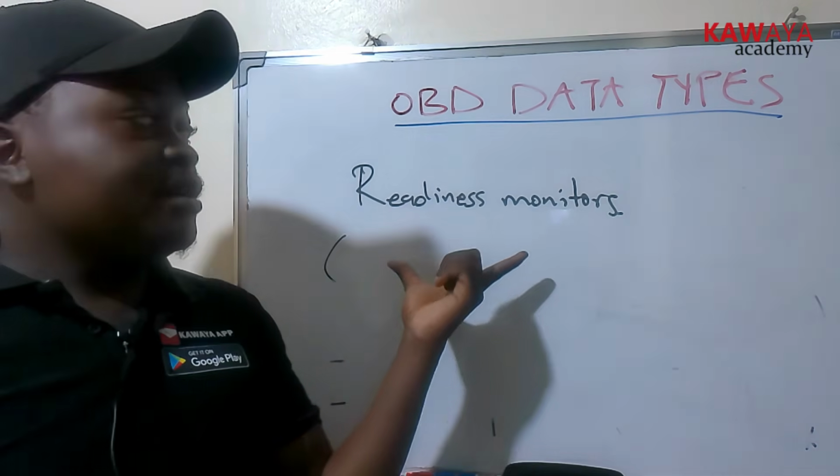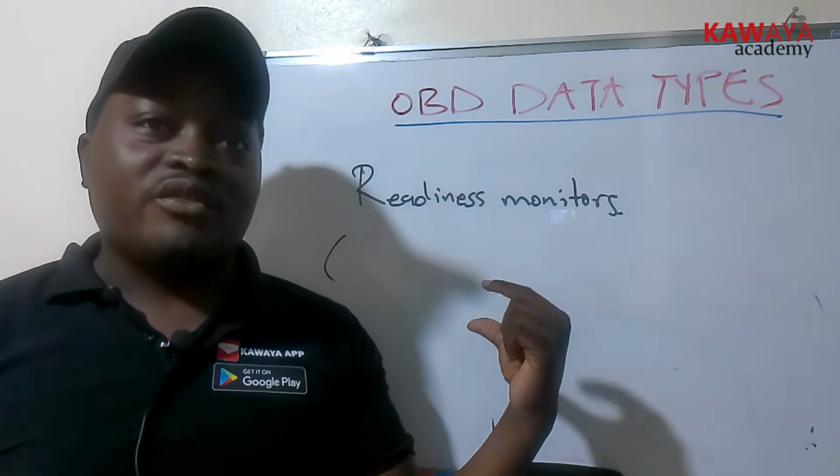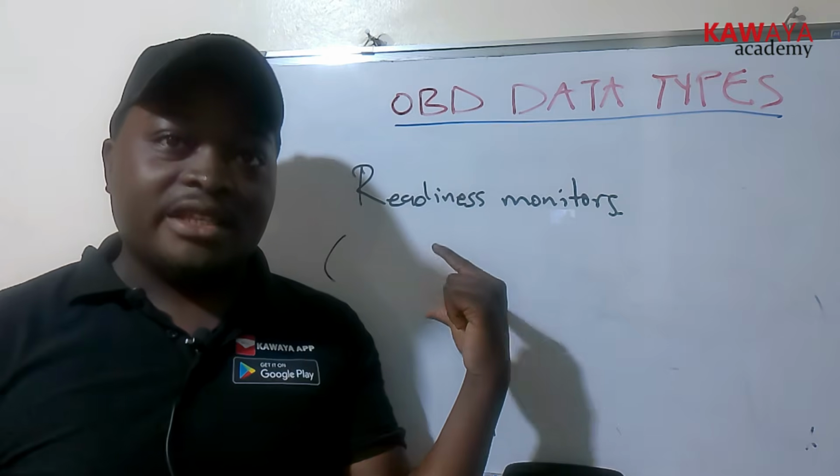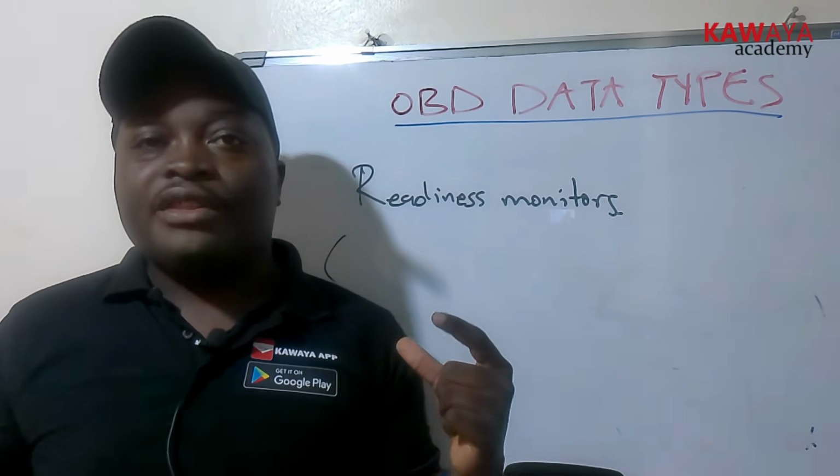So the readiness monitors are like self checks that the ECU does on some of our critical components in the vehicle, basically monitoring their health, checking if everything is okay.